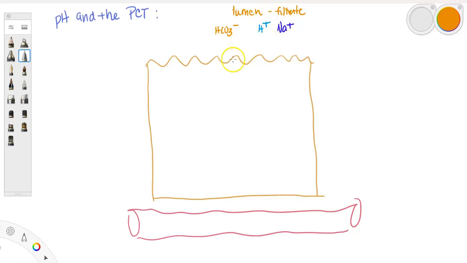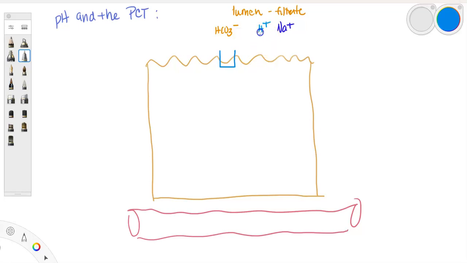So basically, the way this occurs is we have a little receptor thing in the luminal membrane here.